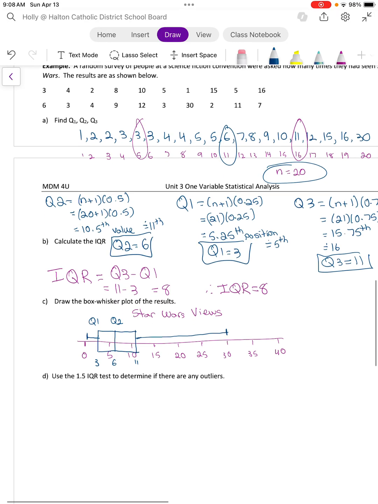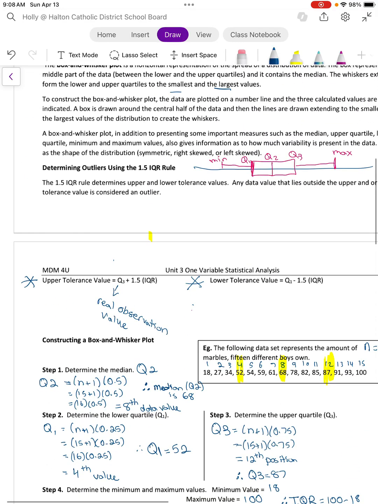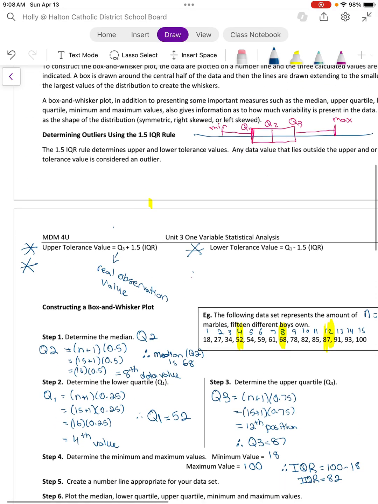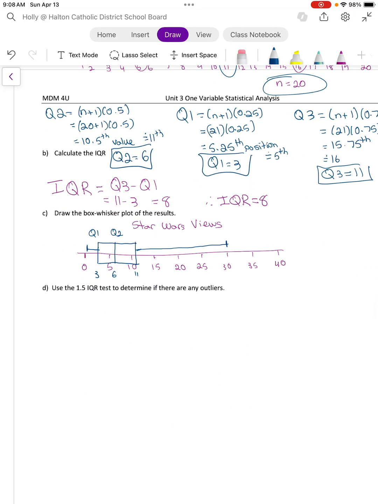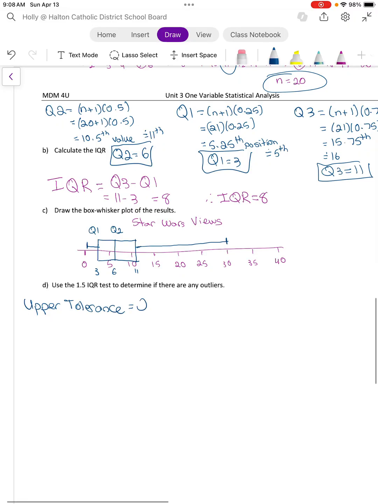So now let's use the 1.5 IQR test to determine if there are any outliers. The formulas that were given up here are your upper tolerance and lower tolerance. So we're going to take the real observations with those values. Our upper tolerance is equal to Q3 plus 1.5 times your IQR.